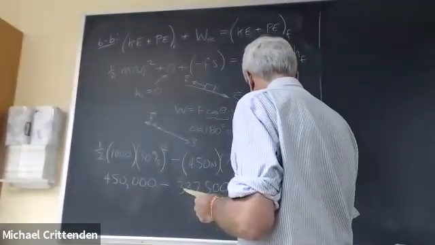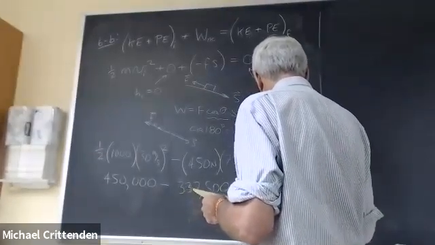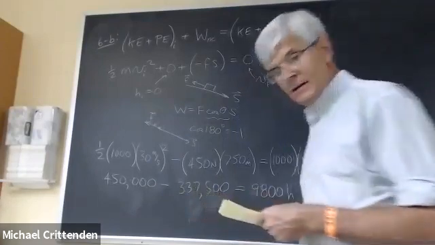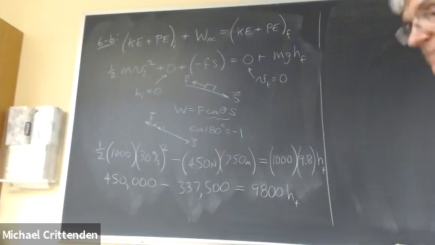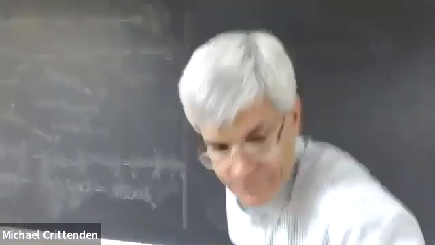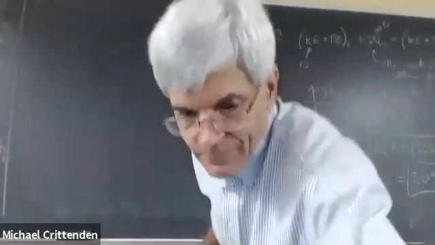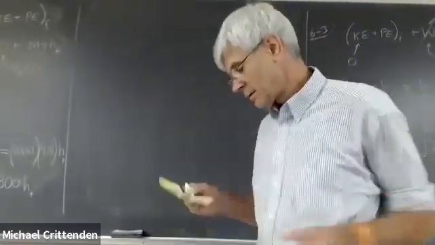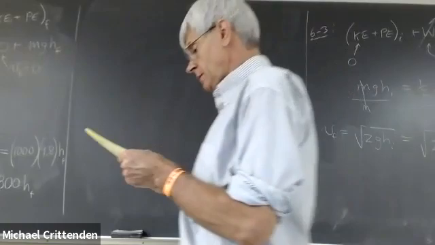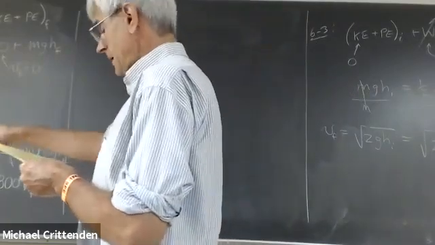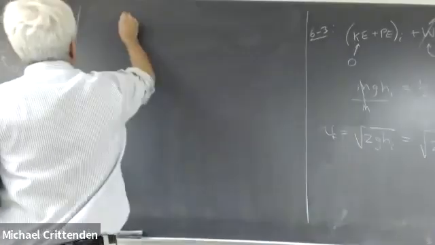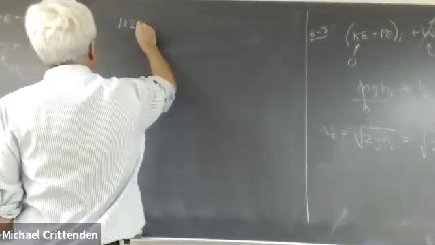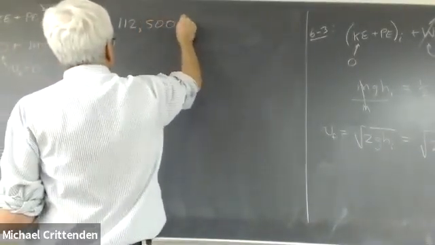Over here you've got 9,800 times H. And so that minus that is 112,500.